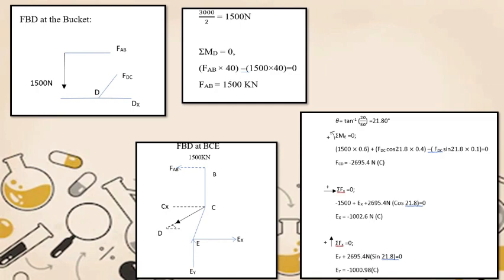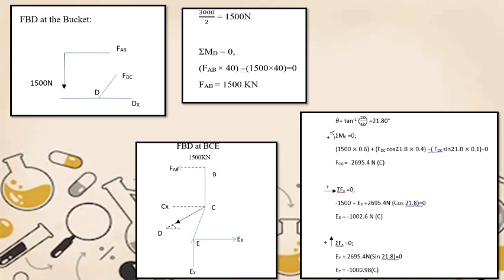After we resolve moment, we must find EX and EY. As you can see here, we assume that EX ke kanan adalah positif, which makes our 1500 negative because dia ke arah negatif.